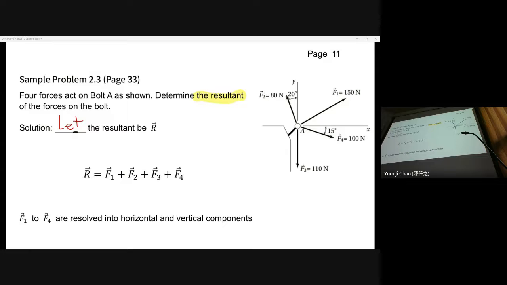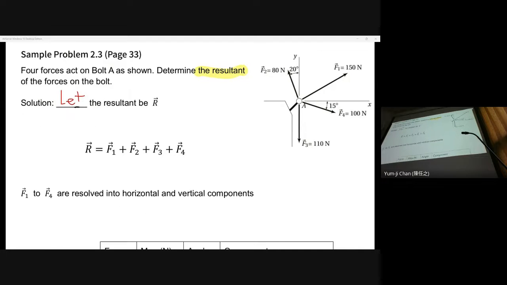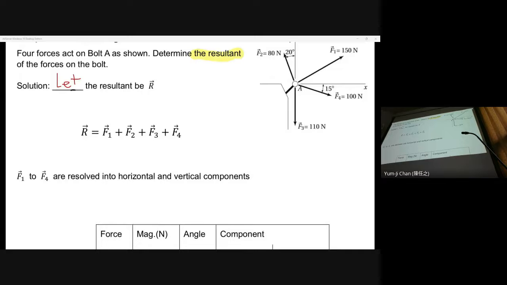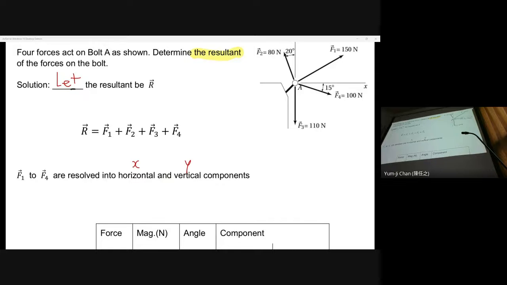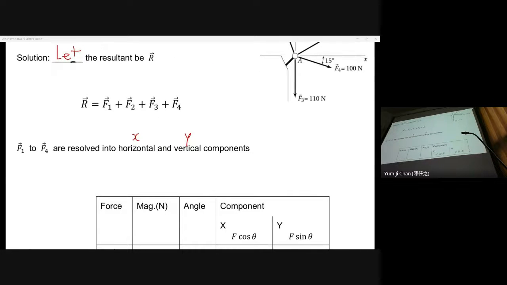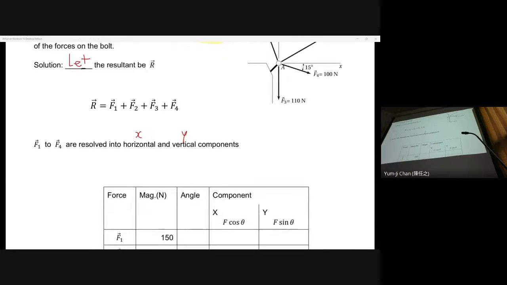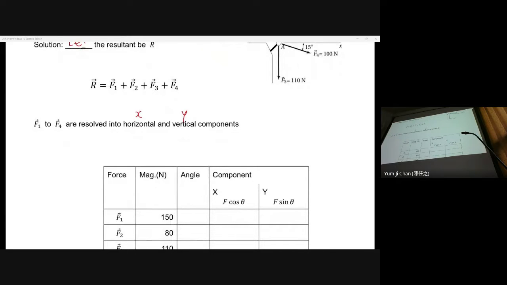So we break down into horizontal and vertical components. Horizontal, of course, means x, and vertical is y, okay? And on page 10, the book says it is better to write it in a table.